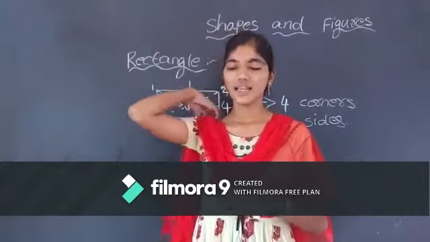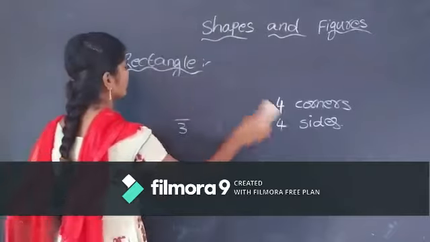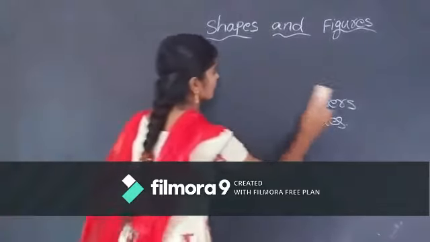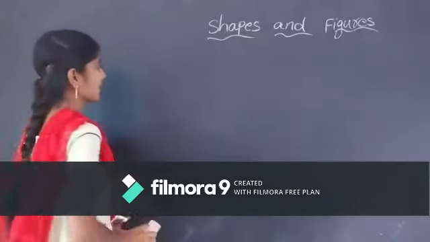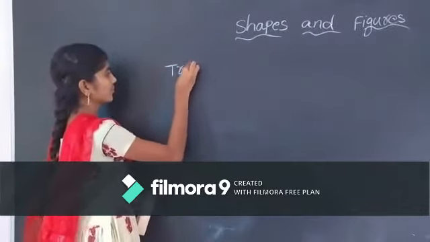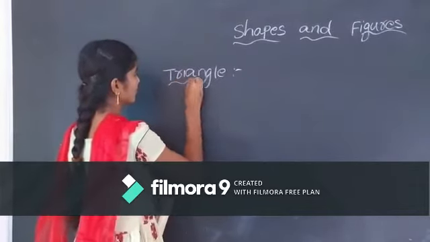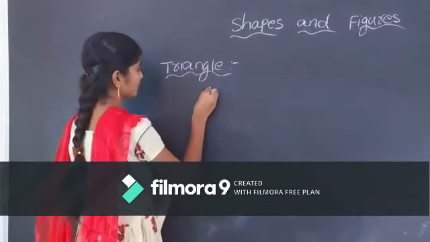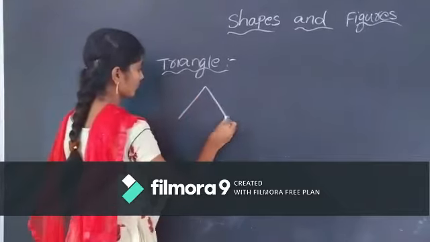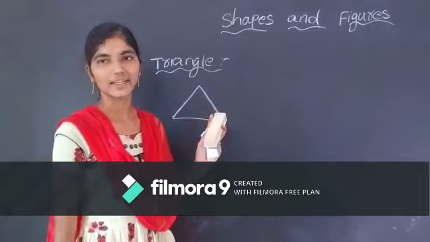Okay, students, next shape is triangle. What is the next shape? Triangle. This is the triangle.